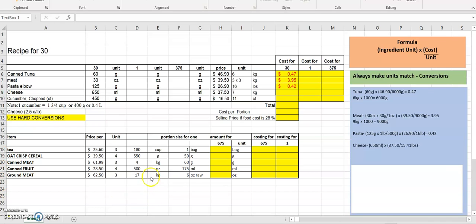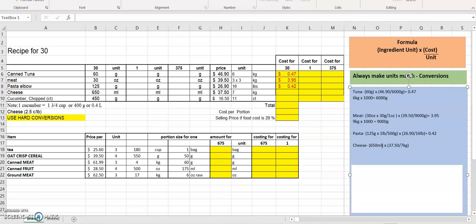And on to cheese. For cheese, we're given 650 milliliters times $37.50 for 7 kg, my bad. We're given a weight equivalency for cheese of 2.5 cups per pound, so we're going to put that in ingredient unit. But first, we need to get to cups.